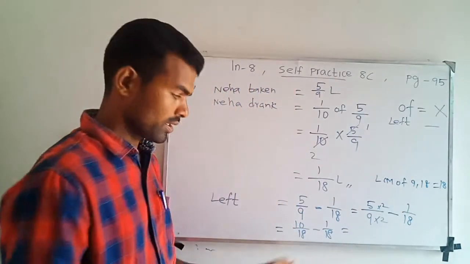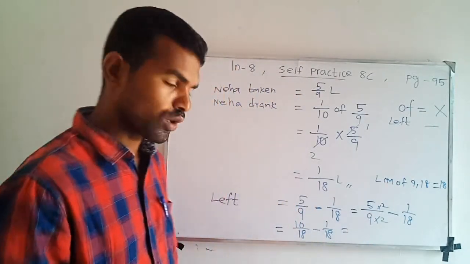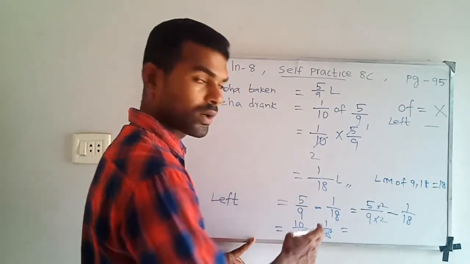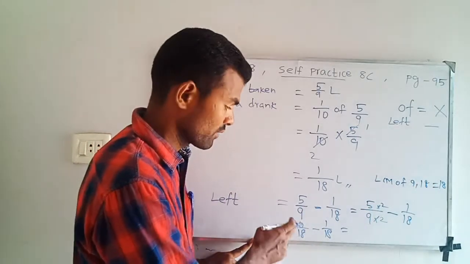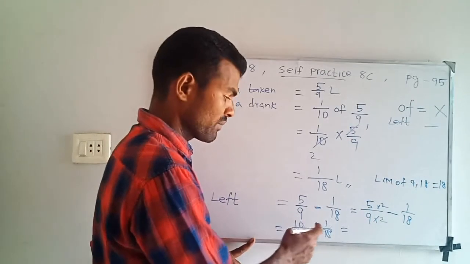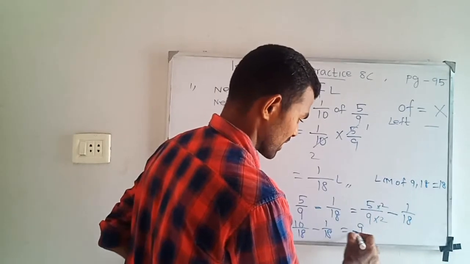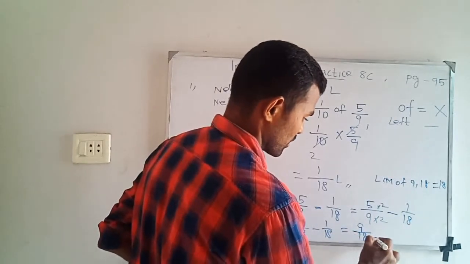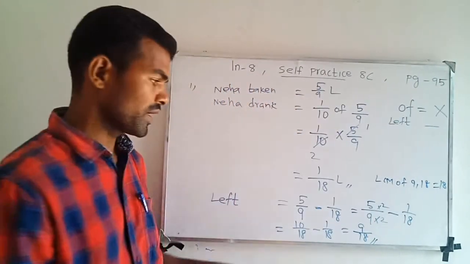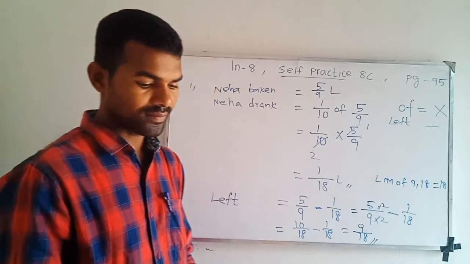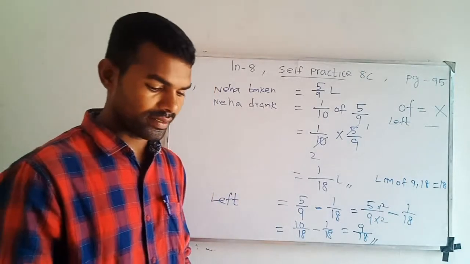See, the denominators 18 and 18 are the same. Now we can subtract. Subtract the numerators: 10 minus 1 is 9, and the denominator is 18. So the answer, how much is left? 9 by 18 is left.